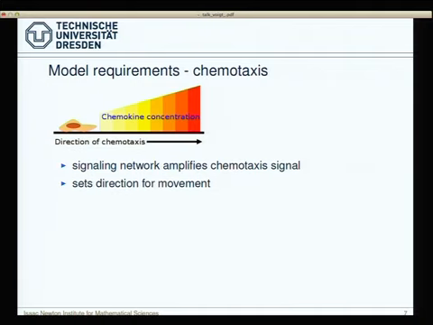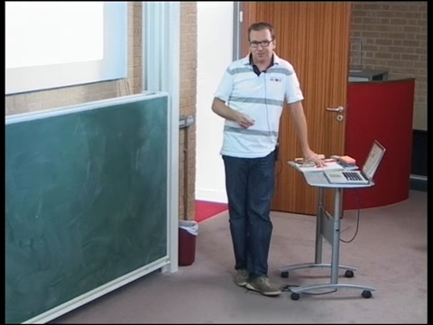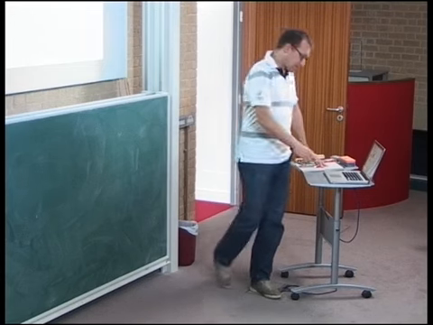So I have this external signal and take some chemotaxis into account. And combined with our signaling network, this actually works in this way to amplify this chemotaxis signal, right? And this will then set the direction for the movement. Okay, so these are the ingredients I would like to take into our mathematical model.